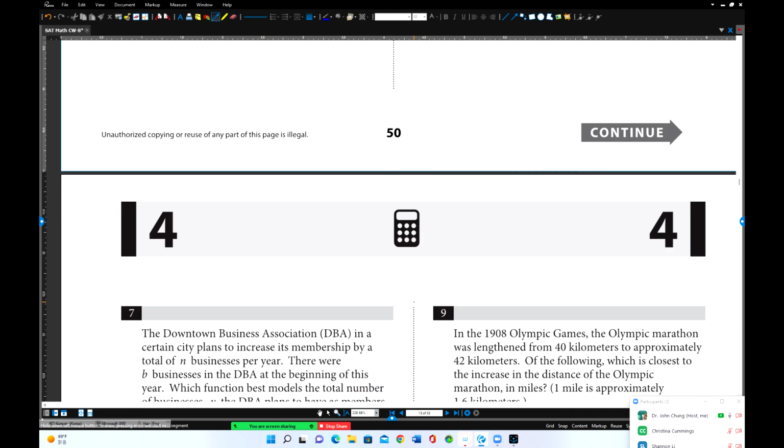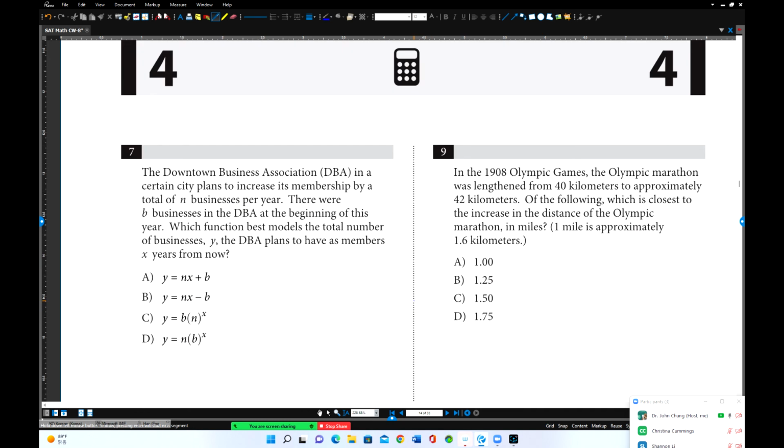I think number 5 is really okay. This is linear, right? At the beginning, business, okay? That means what? Y-intercept B. Okay?